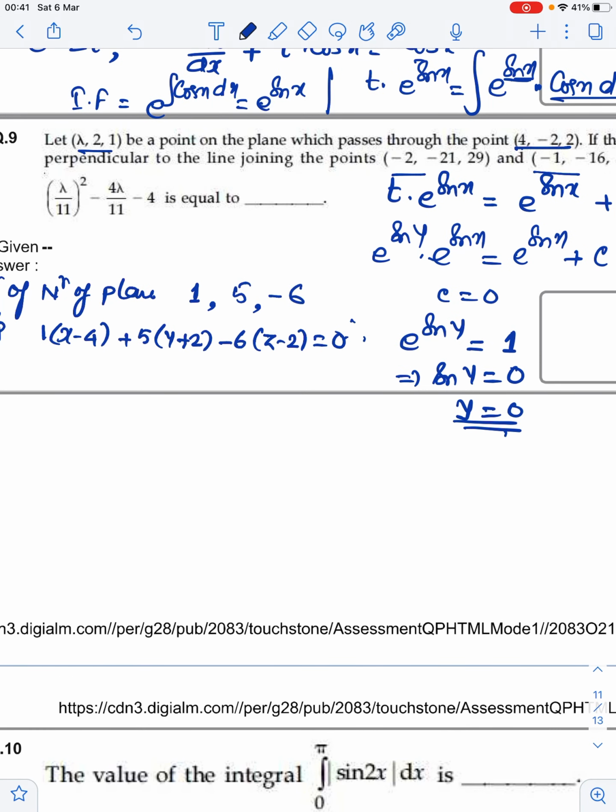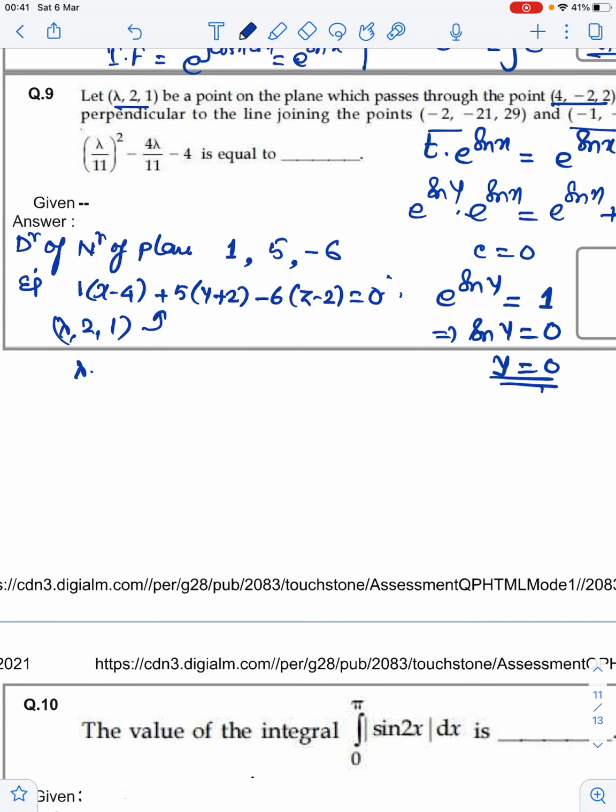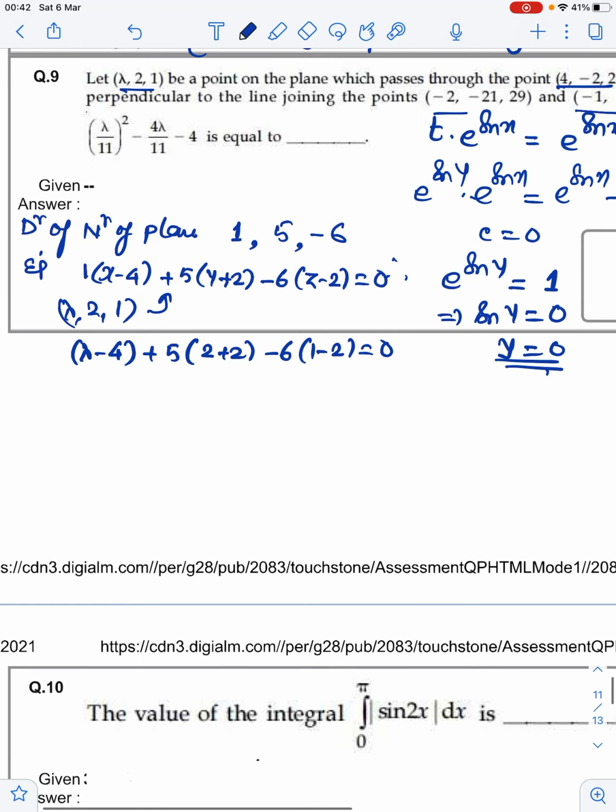Now this point (lambda, 2, 1) is also passing through it. So put this (lambda, 2, 1) in the plane and get lambda. So this is lambda minus 4 plus 5 times 2 plus 2 minus 6 times (1 minus 2) equal to 0. So lambda minus 4 plus 20 plus 6 equal to 0. So this becomes 26 minus 4, 22 minus 22. So lambda comes out to be 22.